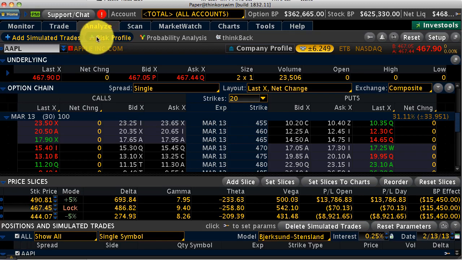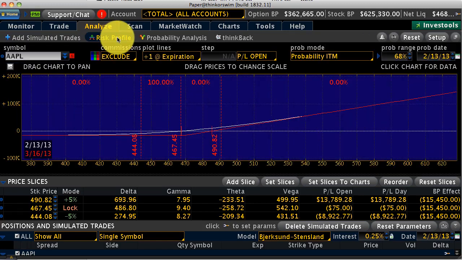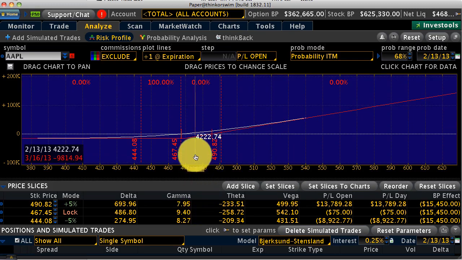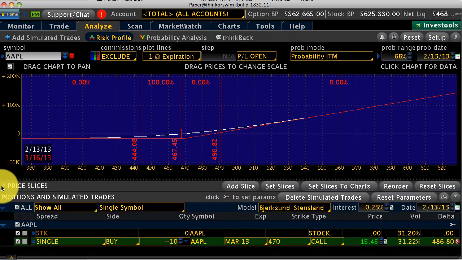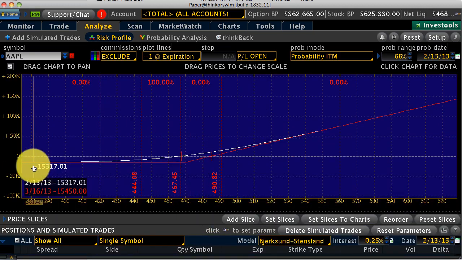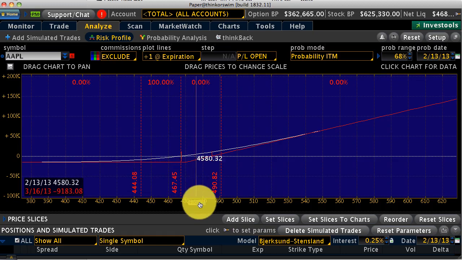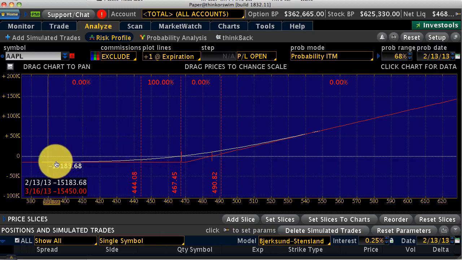So on the Thinkorswim platform, you can click on this risk profile here, and it will show you the risk profile of this particular position. So the first thing we see here is that we have a horizontal line at the 470 level. So from 470 onwards, the line is flat.